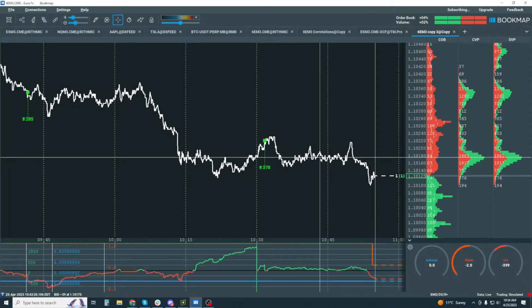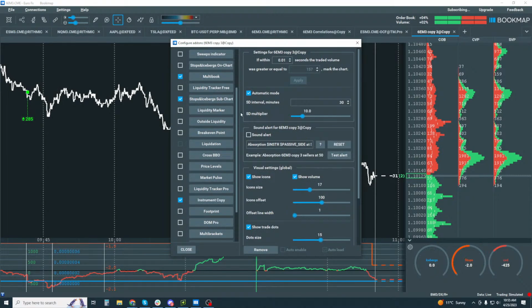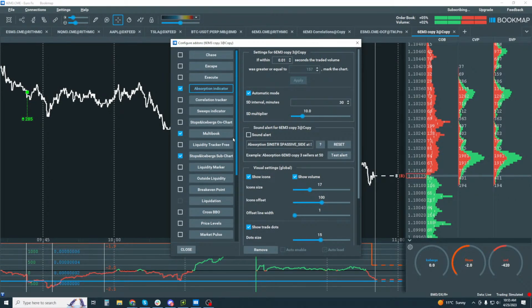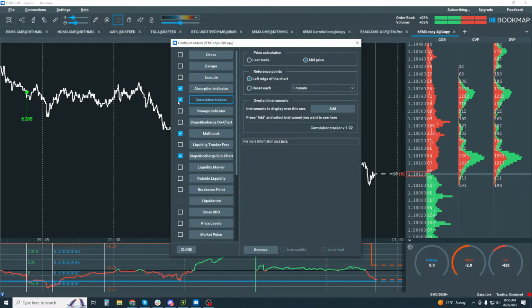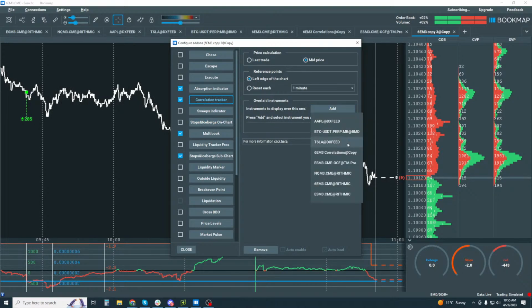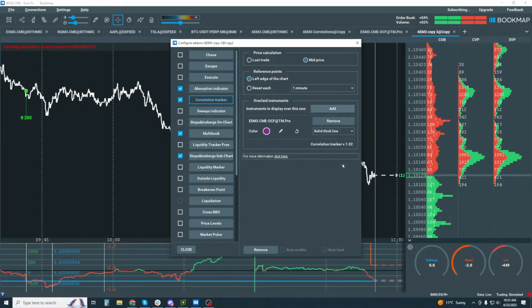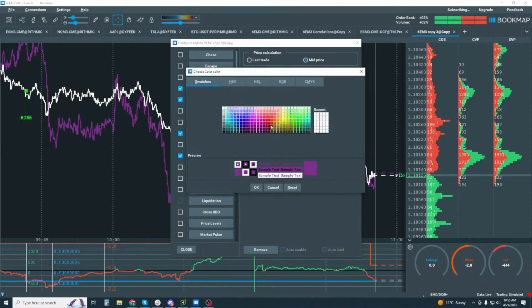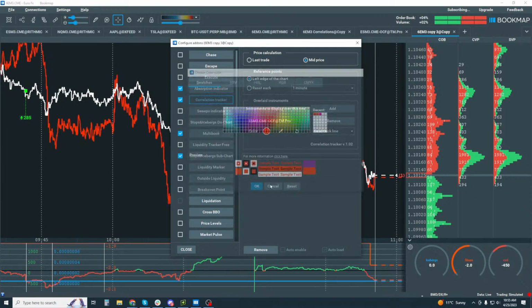Okay. Now what you want to do though is come back up here, click on correlation tracker up here, and then you need to select it. Okay, so let's select it, and then here we're going to add. Just add in whatever you want to look at. So I had the S&P. I gave it this brown color, kind of orangish brown.